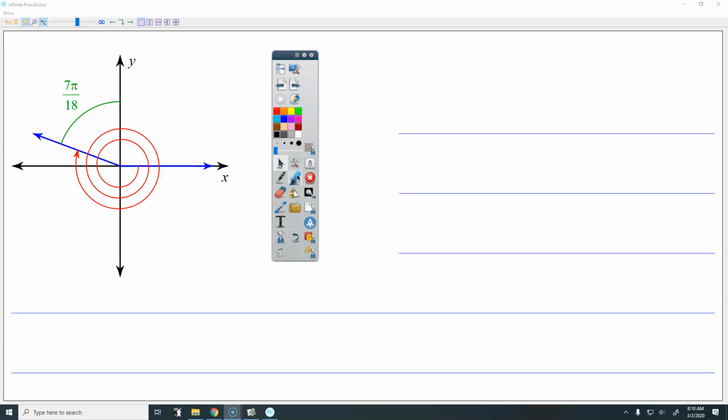Okay, so first of all, we're going to go from here to here, which is what? And then we're going to go from here to here, which is? And then from here to here, negative pi.